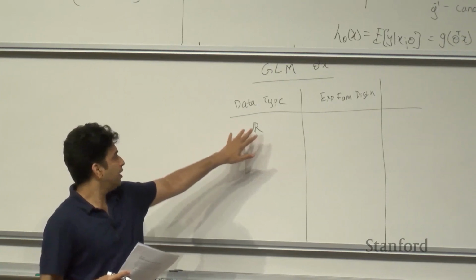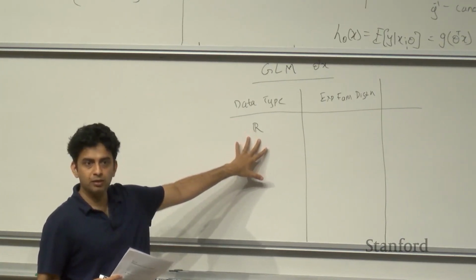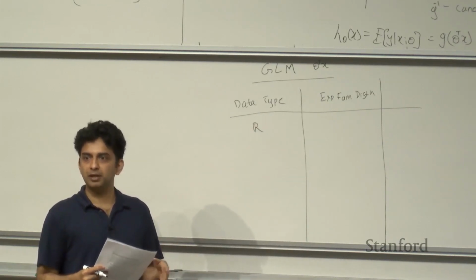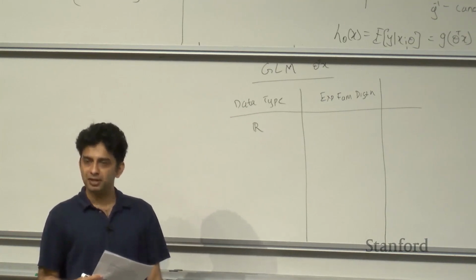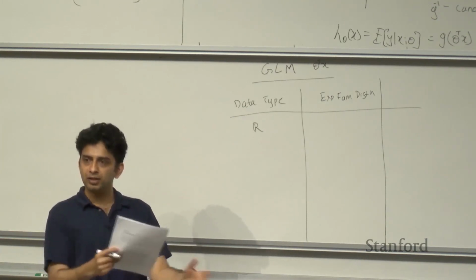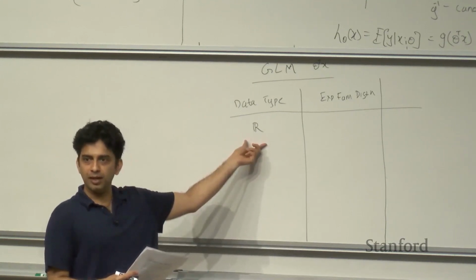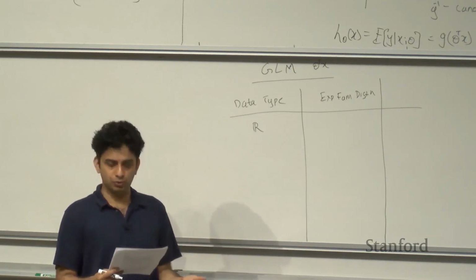For example, if it is real valued from minus infinity to infinity, look up the table of exponential families, say on Wikipedia. Wikipedia's page of exponential families gives you a table of all exponential family distributions, and you look at those that have support equal to the full real line, and those are all eligible options for you.